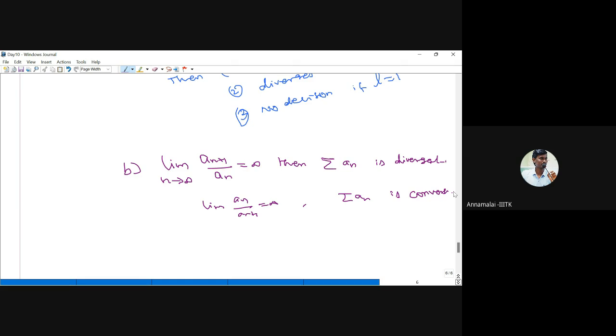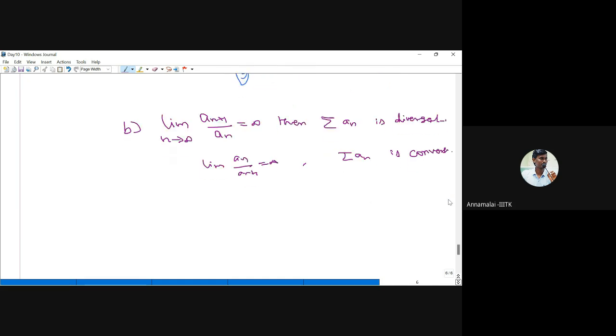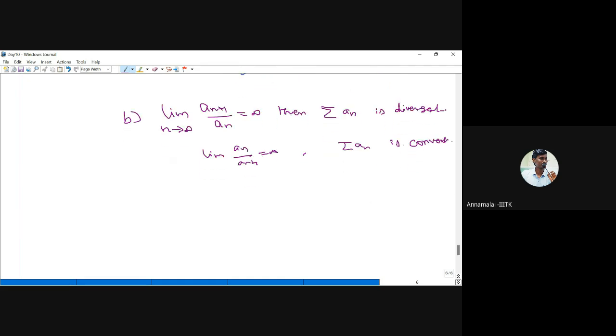Now we solve some problems to check whether this is true or false, using the comparison test of the second type. Better we check the ratio test, D'Alembert's ratio test, and then go on. That is very important.